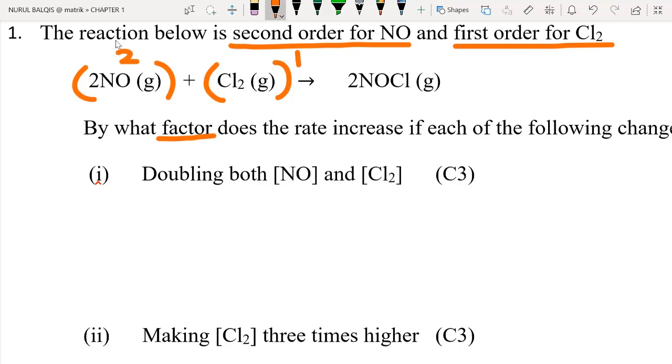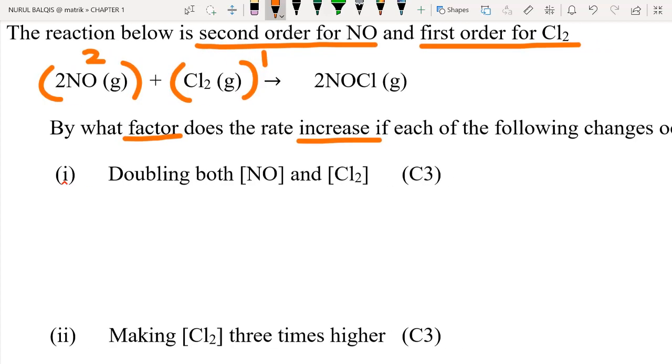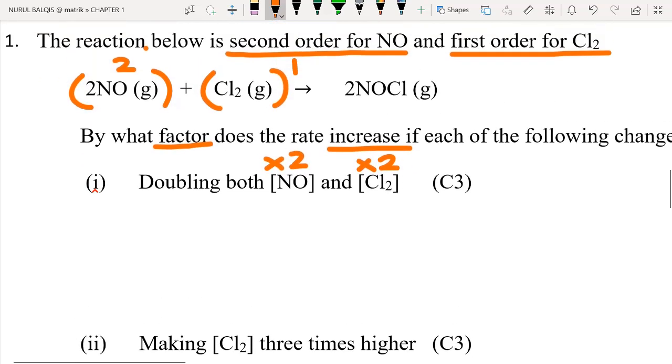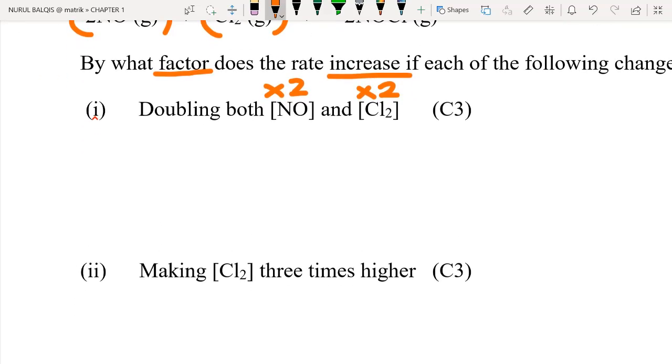If they say increase, like in this question, they ask you to double both NO and Cl2, so you have to double NO, meaning this NO needs to be multiplied by 2, and Cl2 also multiplied by 2. So you're going to have 2NO and 2Cl2. Since we already know the order of reaction, the first thing we need to do is write the rate law with respect to the order of reaction.